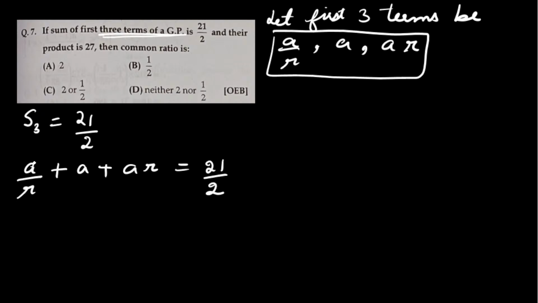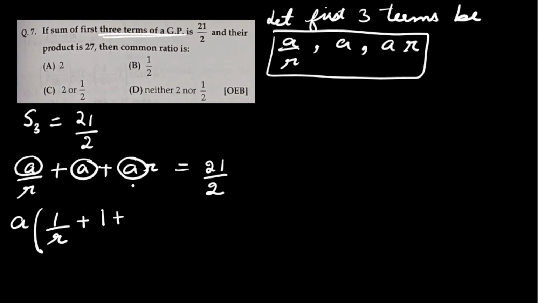Now A's value we already know, but first of all, A is present in all of these terms, so we can take A common and write it outside. What is left is 1 by R plus 1 plus R. Here this is 21 by 2.